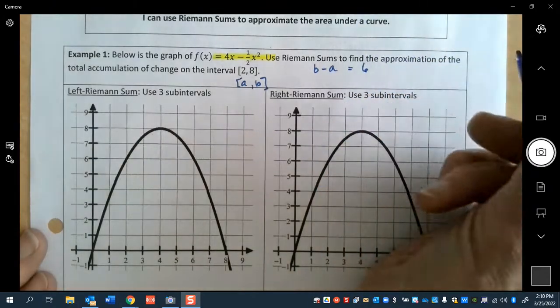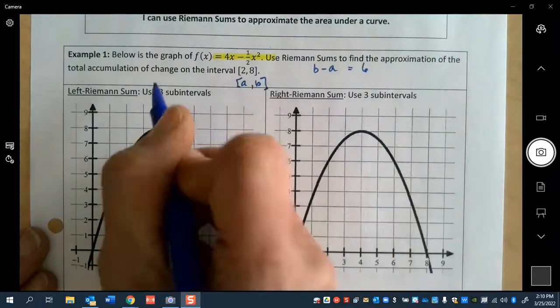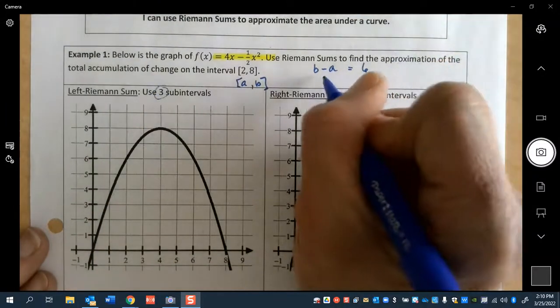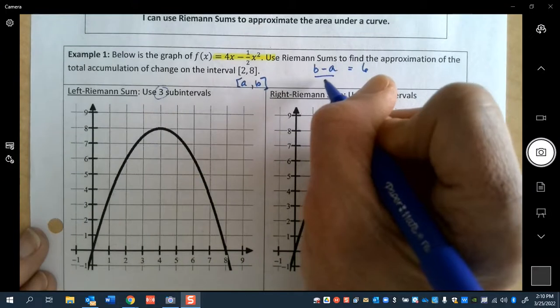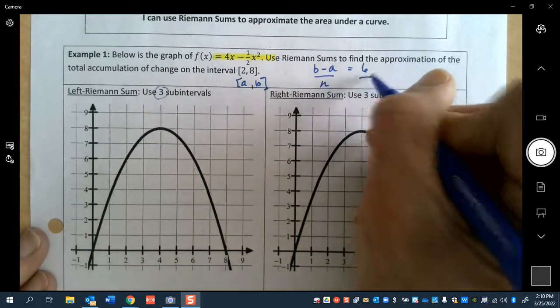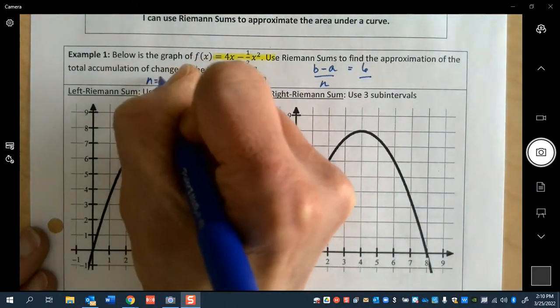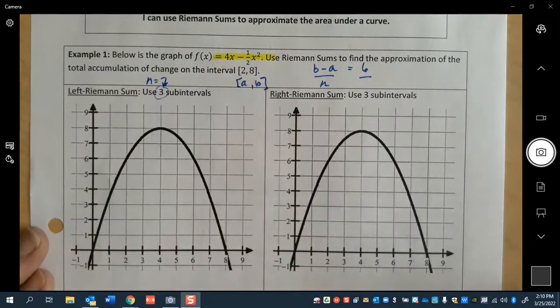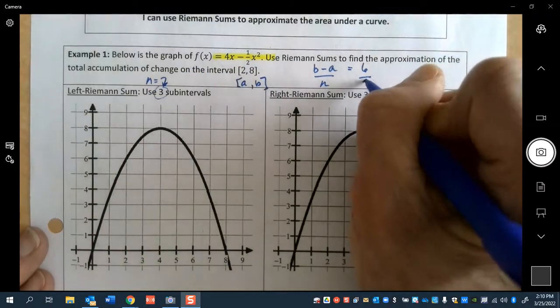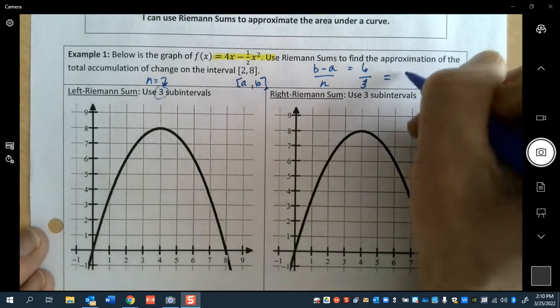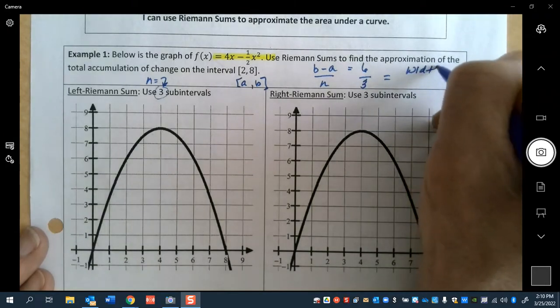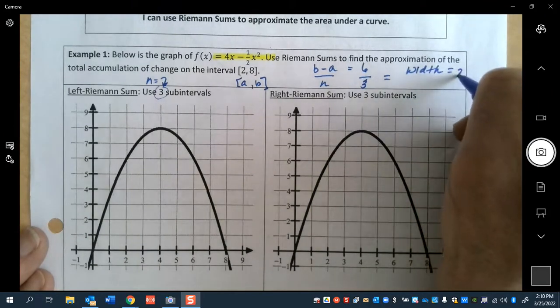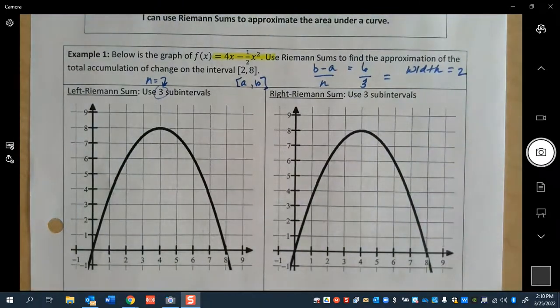And then, because they told me to use 3 sub-intervals, I'm going to go ahead and divide that by my n. This n is going to represent how many little rectangles I used. So that means each rectangle is going to have a width of 2.